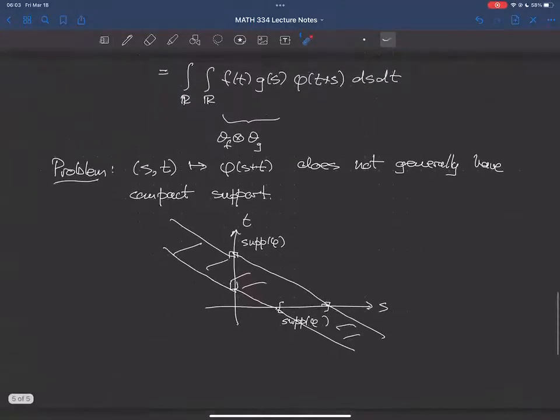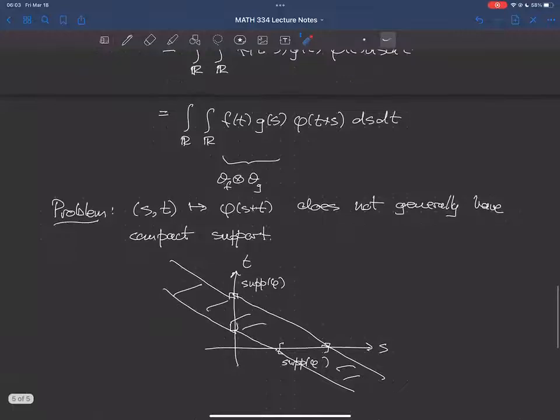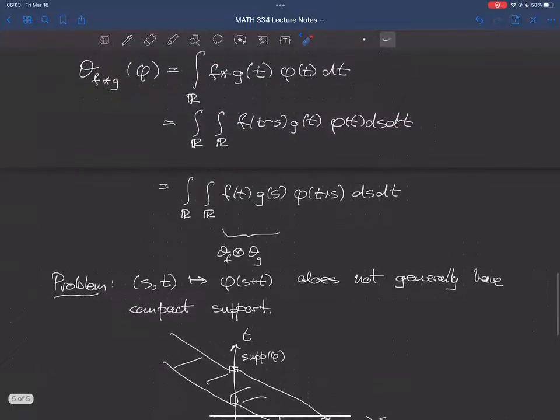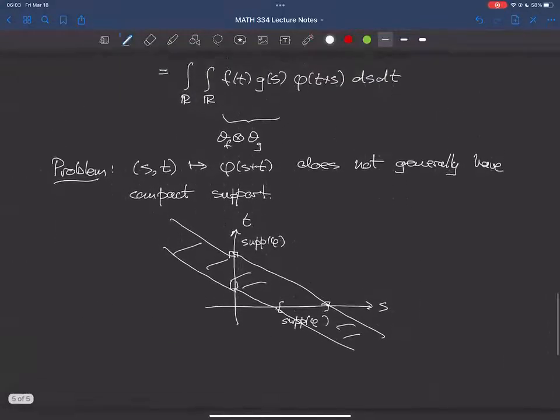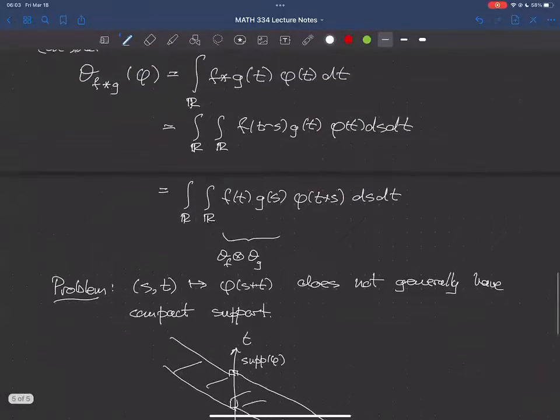You don't want to restrict yourself to a theory of distributions which only generalizes the convolution of functions in the case where one of them has compact support. That's really unsatisfactory. We want a theory which generalizes the convolution of functions that we've already defined.